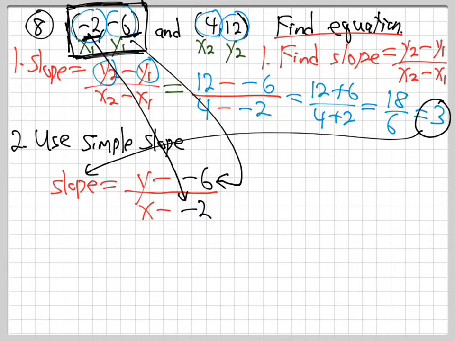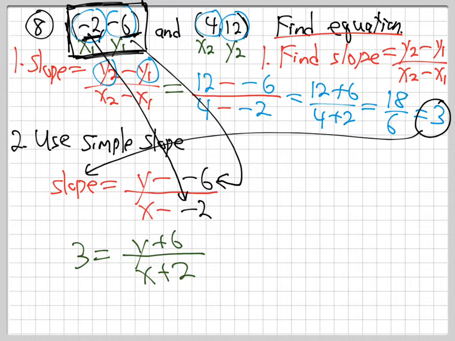Well, my slope is 3 equals y plus 6 over x plus 2, double negative thing again, becomes positive, okay. And now, what do we do when we have this? Remember what we talked about today already? That's just one big fraction on the left side and just one number. That's just 2 things.